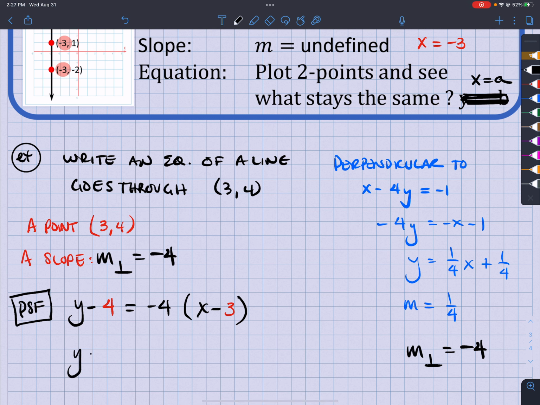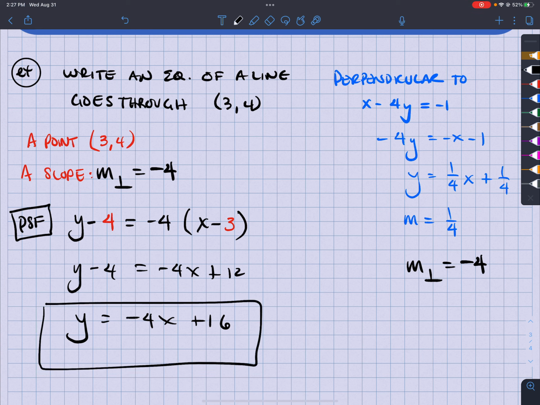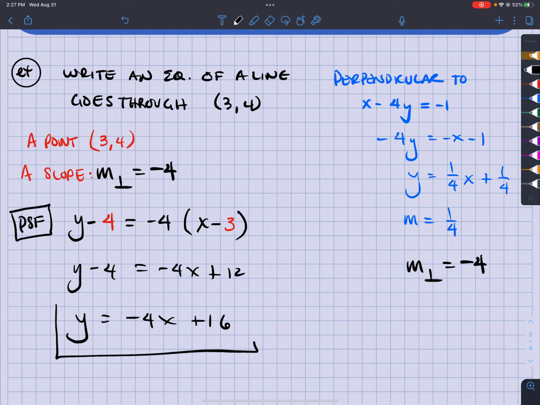So I got y minus 4 is equal to -4x plus 12. So y is going to equal -4x plus 16. And that would be the equation of my line.